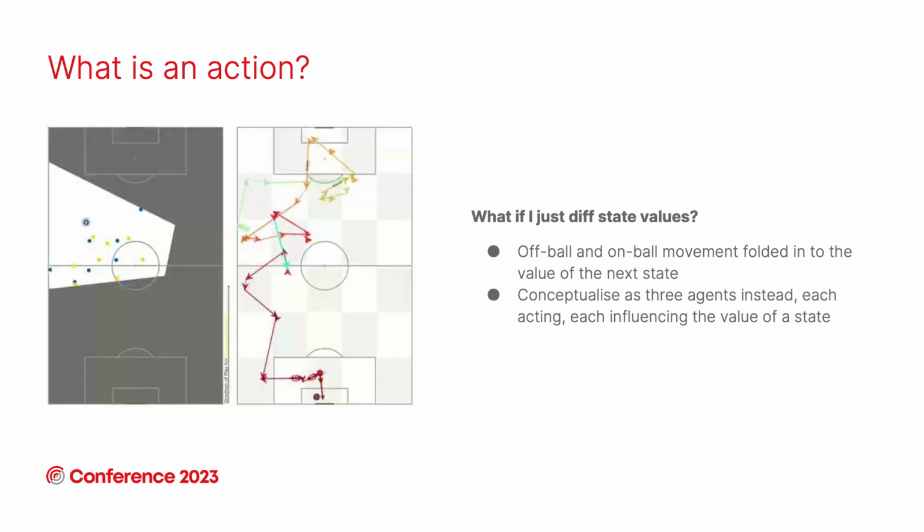So the attacking team might have moved into much more advantageous positions between events, and that increases the value of the subsequent state. But it's not really due to what the player on the ball's done, it's due to the movement of the attacking team players. So we want to build some way to disentangle the impact of, in this case, those three distinct actions on how the value of the state changes.